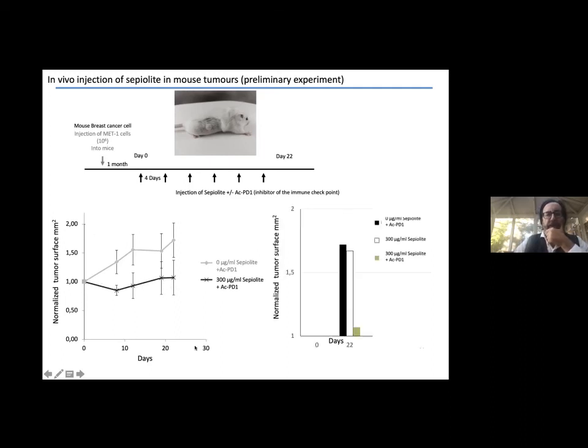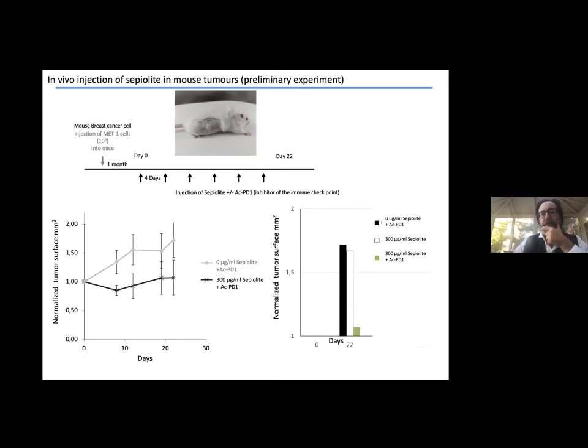If we look at after 22 days, this point, the growth of the tumor without sepiolite, with the antibody, the tumor grows. With sepiolite alone, without the antibody, there is no effect. But when we associate both of them, we have an arrest of the tumor progression.